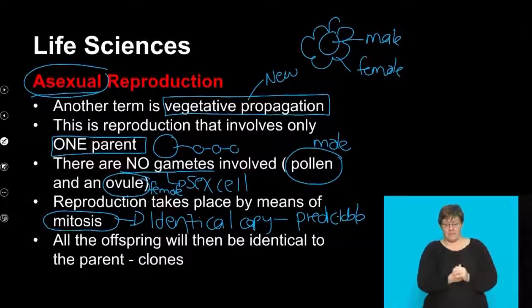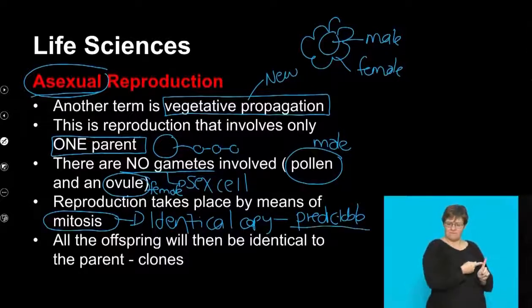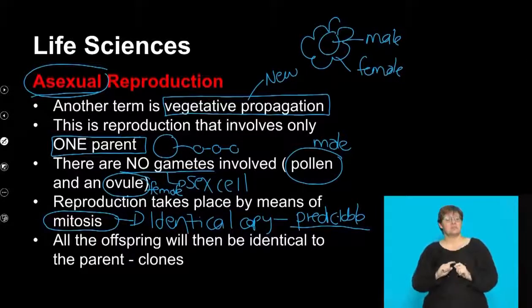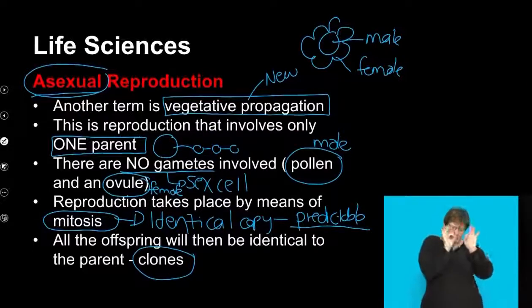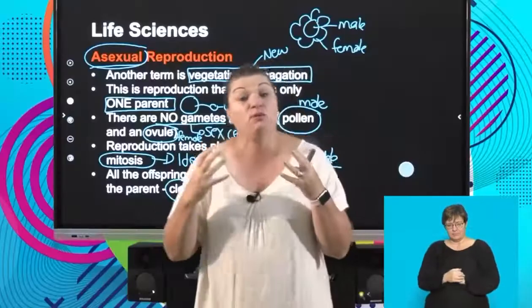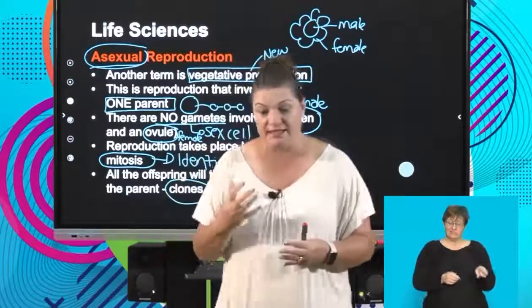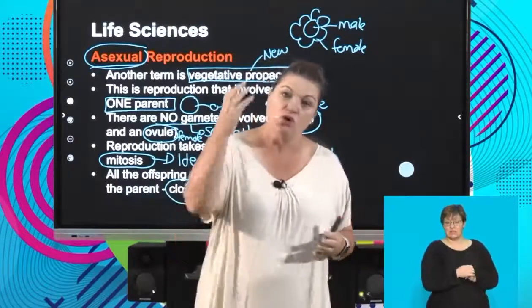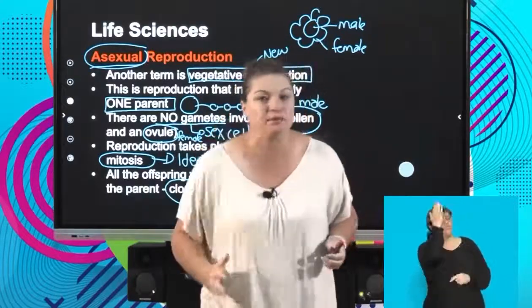So if I know what I've got, all the offspring are going to be the same, which leads us to our last point. When something is the same, we use the word clone. Cloning is to make something identical.